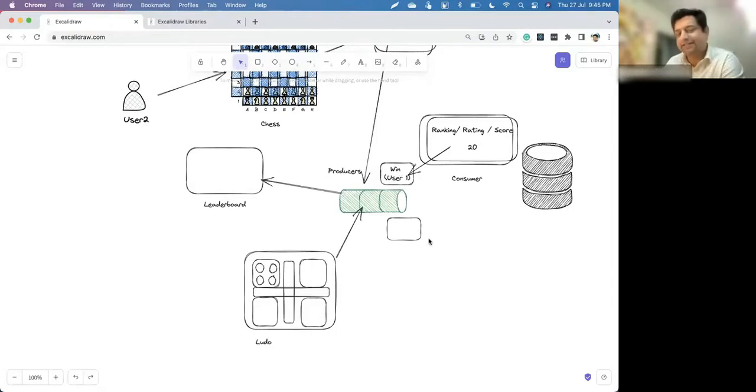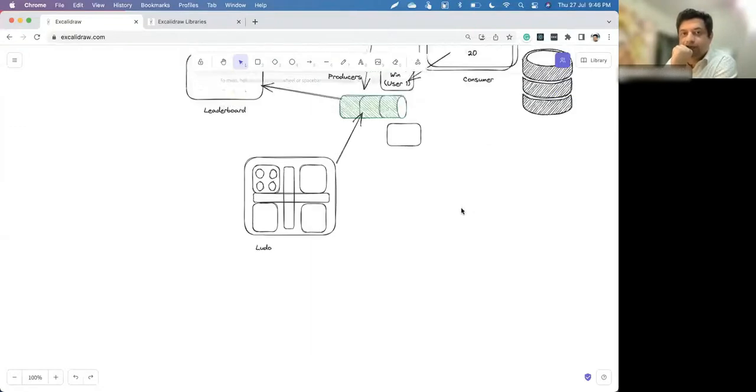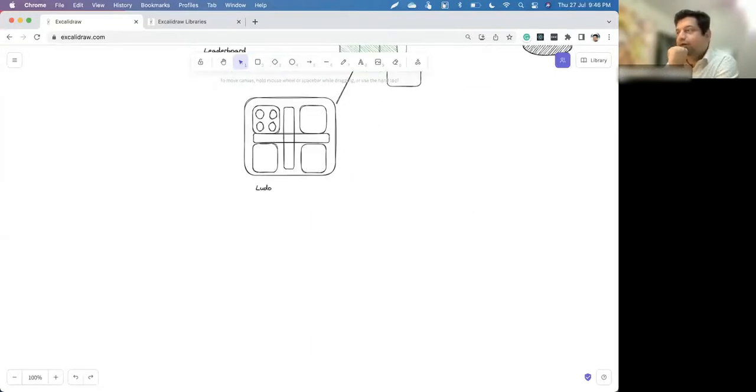If someone else is also consuming, then it becomes a producer also, and some other person will be the consumer. So the same microservice could be both producer and consumer of a message. Or you may have a microservice which is just a producer of messages, or a microservice which is just a consumer of messages. So this is about the producer-consumer pattern, or message queue pattern.